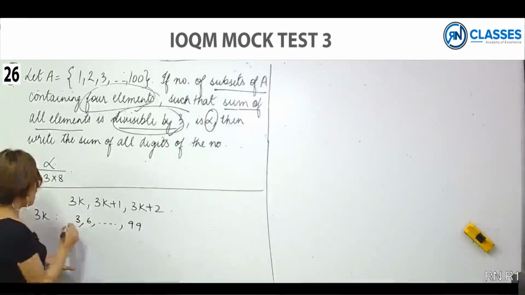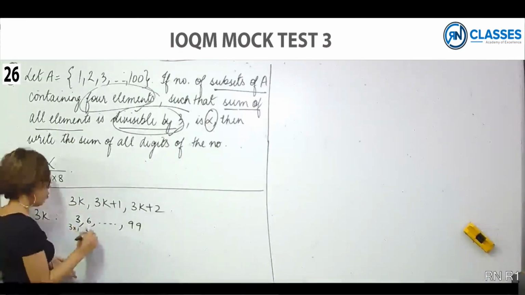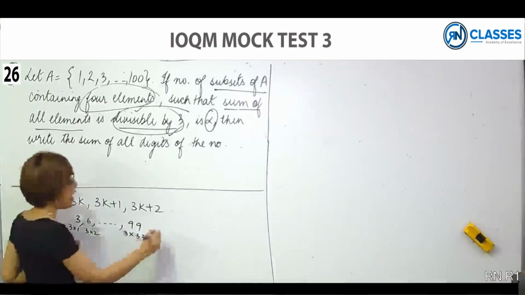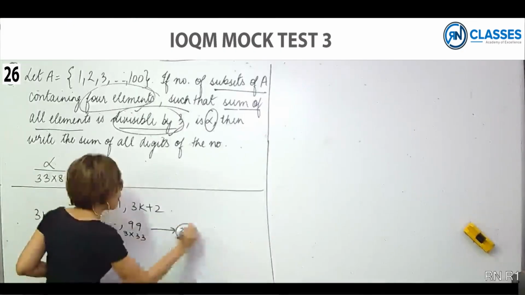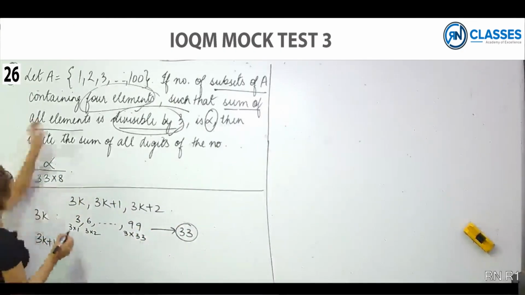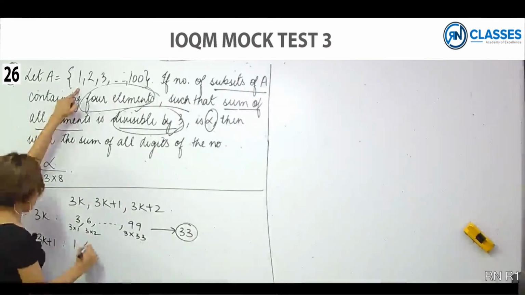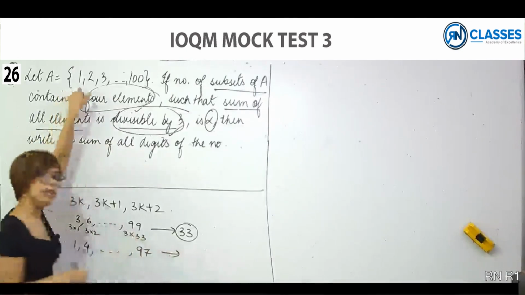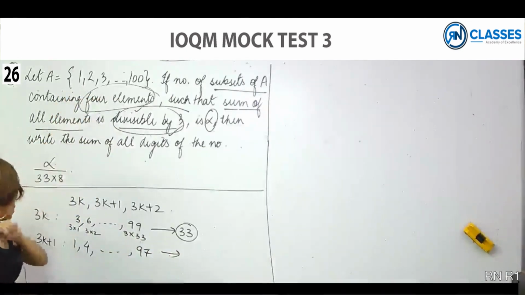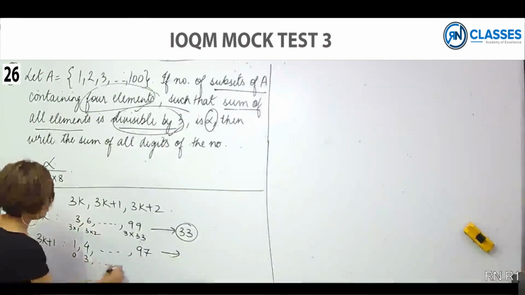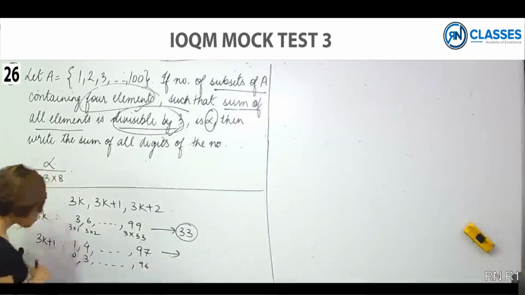Now, if I need to count it, I can say 3 into 1, 3 into 2, and then this is 3 into 33. So, 1, 2, so on to 33, I have 33 numbers. Right? Then 3k plus 1 type. It will obviously start with 1, then I will have 4, and then I will have 97. I need to count this, right? In order to count this, what I can do is I can do 0, 3, so on till 96, right?